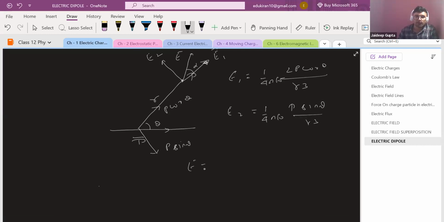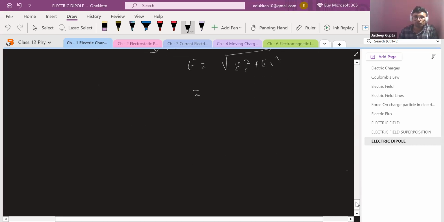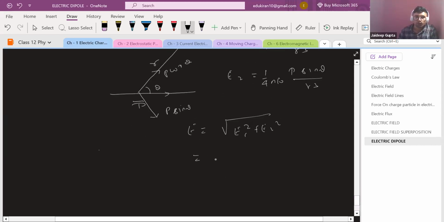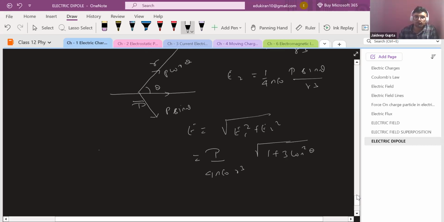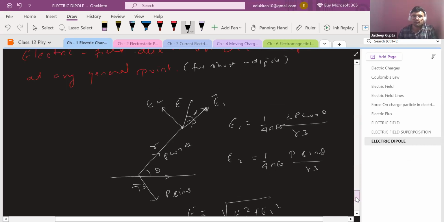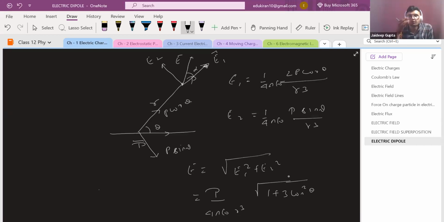If we have to calculate the electric field at point P, then we will take the resultant of both the fields. So if you solve it, it comes out P over 4 epsilon R cube under root 1 plus 3 cos square theta. This is the resultant electric field. This derivation is not in CBSE, but if you know this result, then if you forget the formula, you can easily derive it.